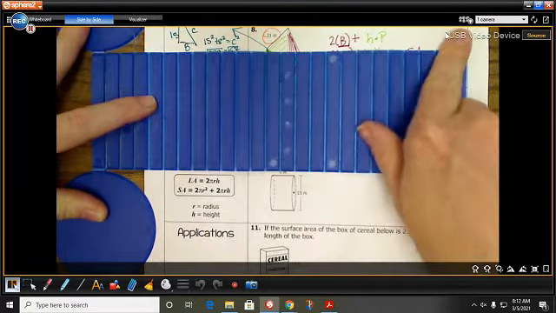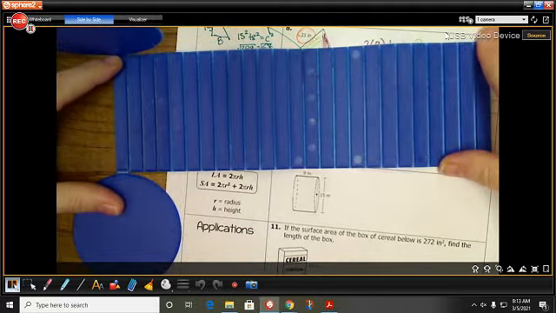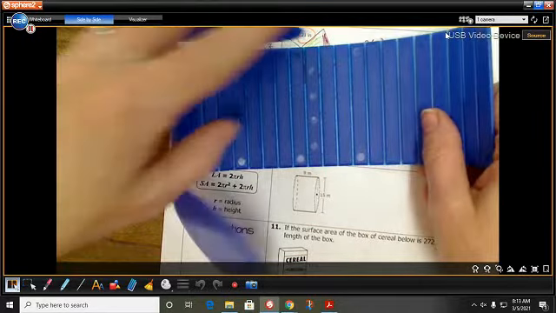And its height is the height of your cylinder. Here's the height of my cylinder. It's the height of this rectangular lateral area. This distance around to make the length of my rectangle is just the distance around my circle.